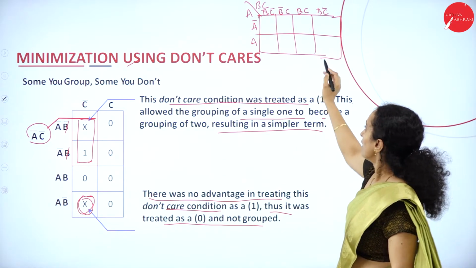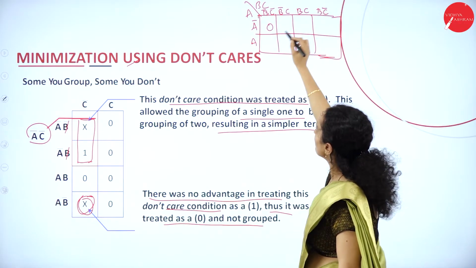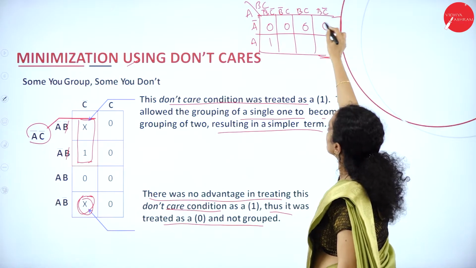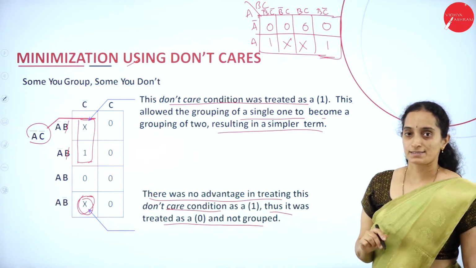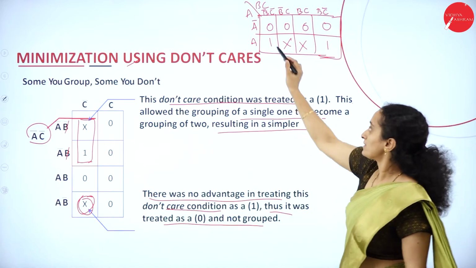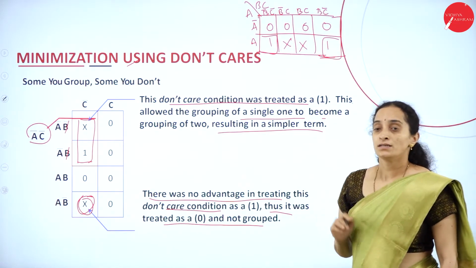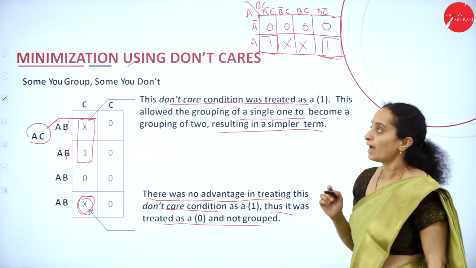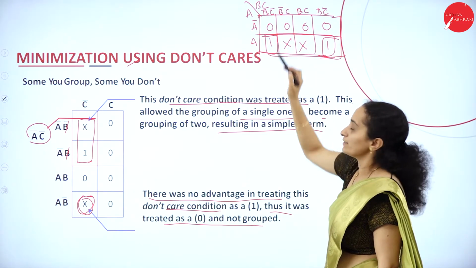So now if I have 1, 1, zeros, and we have 2 x's. Okay. Now we can group these ones like this. Or you can consider these 2 x's as 1 and you can group all the ones.